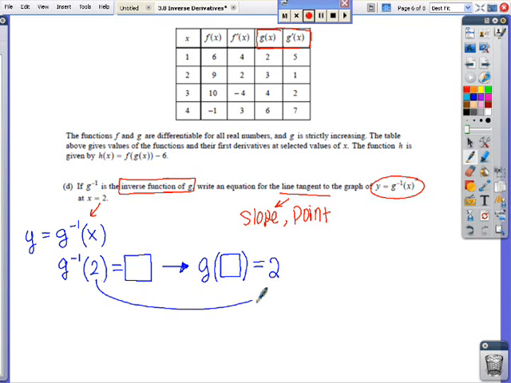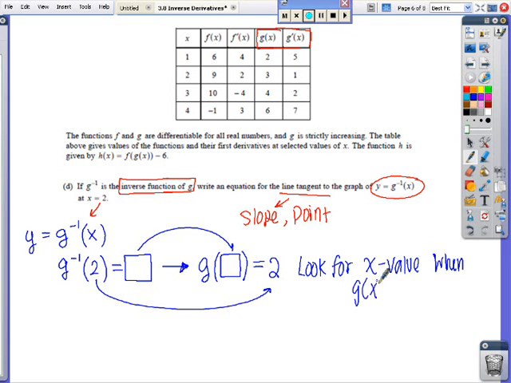So by using the table, I'm going to look for the x value when g of x is 2. And if you notice here, g of x is 2 when x is 1. So let's rewrite again.